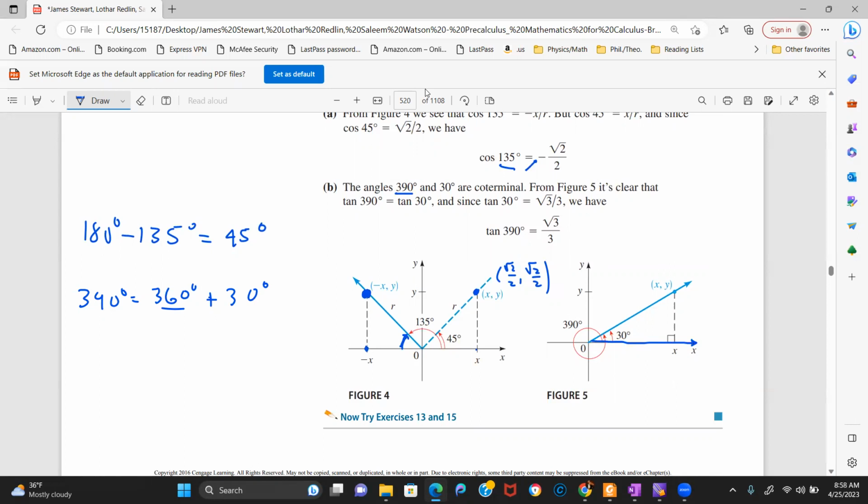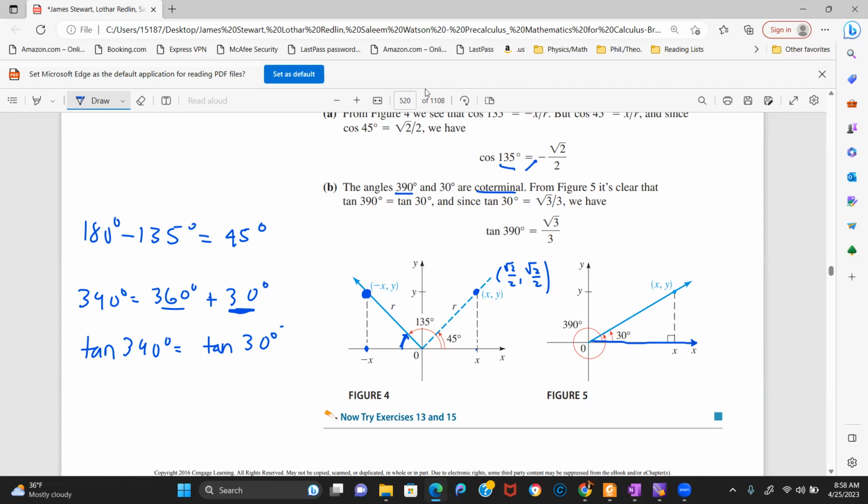So that's why you have this red circle going all the way back to itself. And then you rotate just a little bit more, 30 degrees. So you actually end up just in the first quadrant, at a 30-degree angle. So really what we could say then is that the tangent of 390 is actually just tangent of this 30-degree angle. As it says, these angles are coterminal. These two angles determine the exact same point in the xy plane.